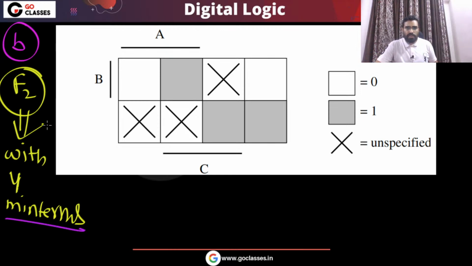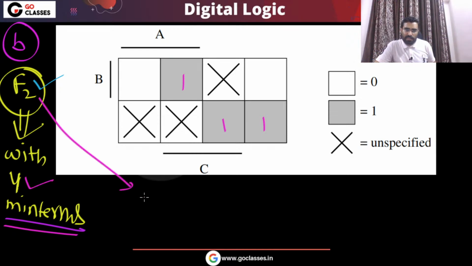So we want to find this type of function which has 4 minterms. Already these are the true minterms, already these are 111. Now the question is asking for one more, there should be 4, not more than 4, and also a minimum expression.